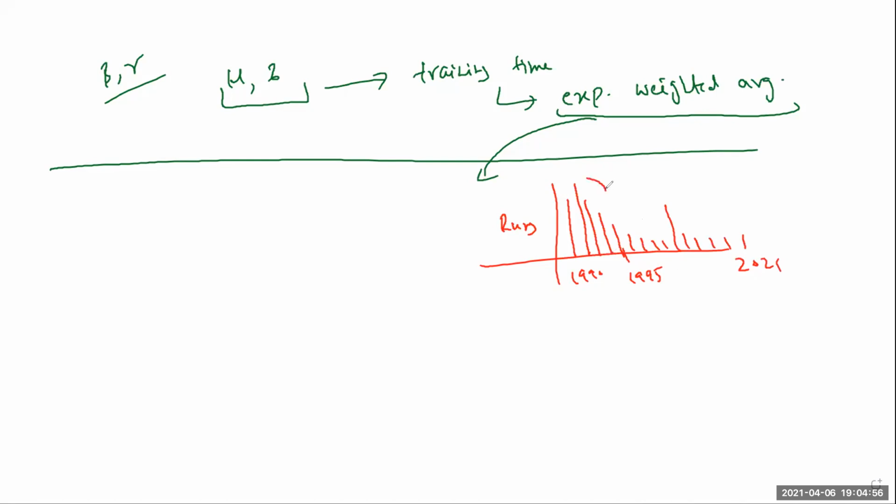This was marvelous, but today he is not performing well. So we can't expect him to always remain in the top 10 based on the performance which he did in the 1990s or early 2000s. Of course, it will have some weight, but this recent part will have more weight as compared to what he performed in the past. This is basically the general idea of exponentially weighted averages.